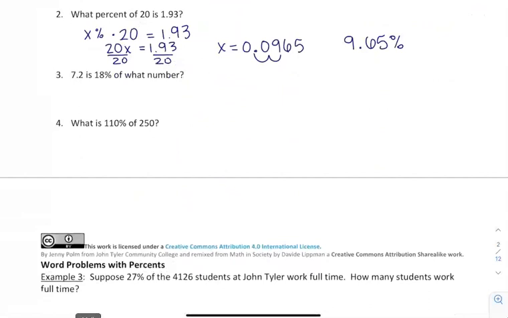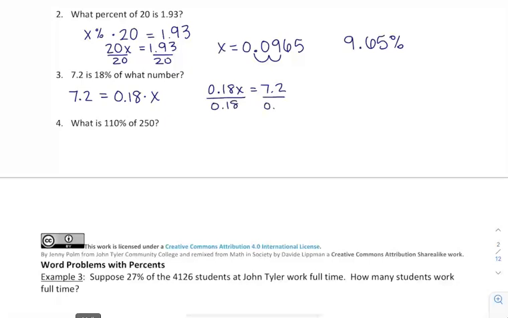7.2 is 18% of what number? Well, let's do some translation. 7.2 is, that equals 18%. We will need to write this as a decimal when we're doing the math. And it's of, so we'll multiply. What number? I don't know, so we'll leave it as an x. So this problem, 0.18x equals 7.2 is how you can write this as an algebra problem.